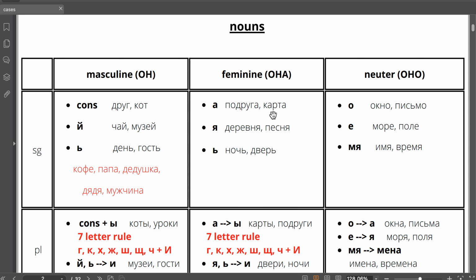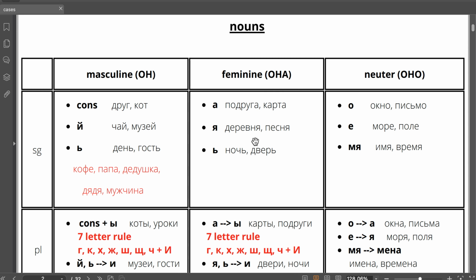Подруга, карта. Female friend, yeah, it's not girlfriend when we talk about romantic relationship. No, we have special name for female friend, подруга, and карта, which is card or map. They're both feminine. Even this inanimate map or card, still she in Russian.